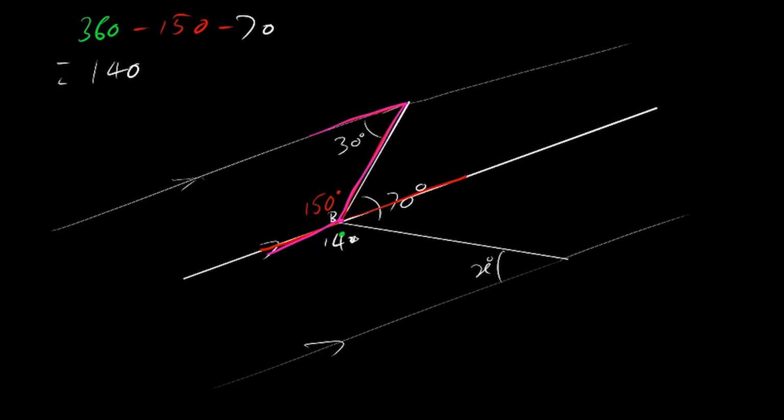And then we can use the exact same reasoning again. These two angles here, which I will go in now in yellow, must add up to 180. So we have x plus 140 is equal to 180, so therefore x is equal to 40.